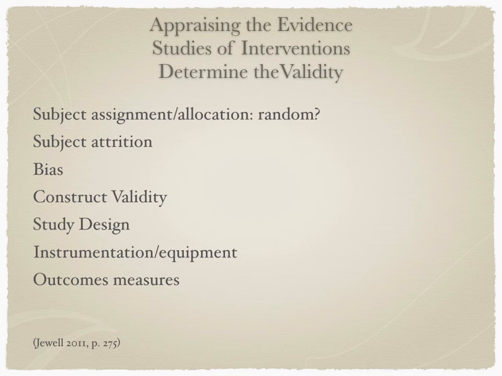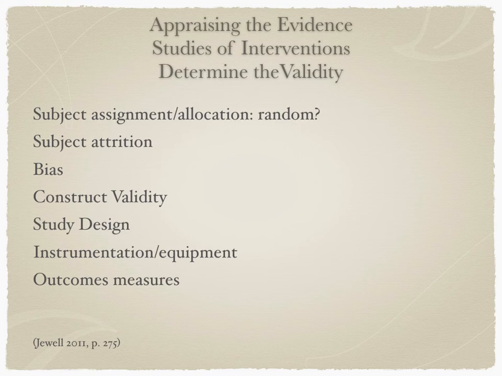So when appraising the evidence of studies of intervention, you want to determine the validity of the study. The way this is done is by asking the following questions. This is by no means a comprehensive list of questions you can ask, but it's the typical bullet points. First is the subject assignment or allocation.